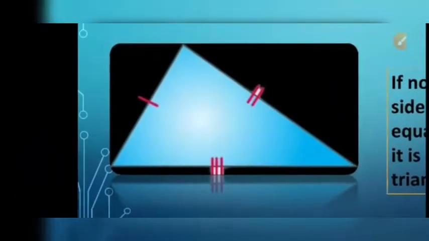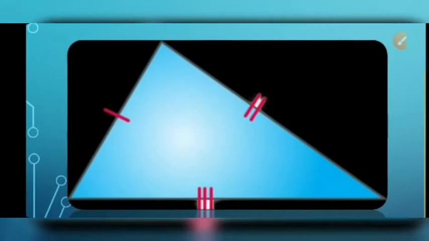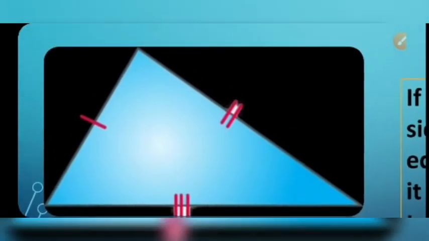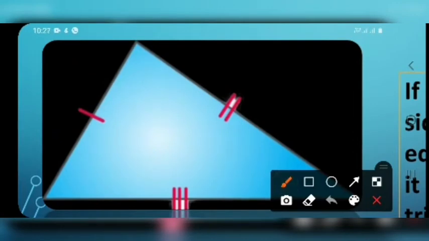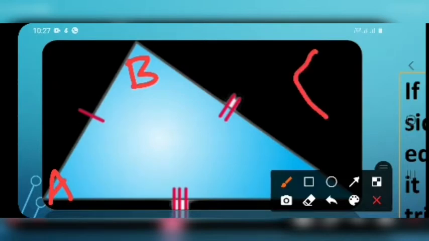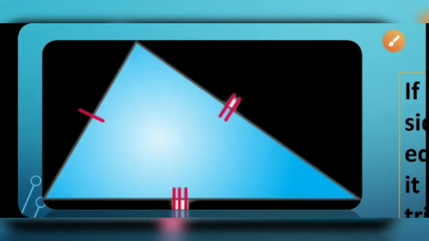Observe the triangle. Here 3 sides. They are different sizes. A, B, and C. 3 vertices.